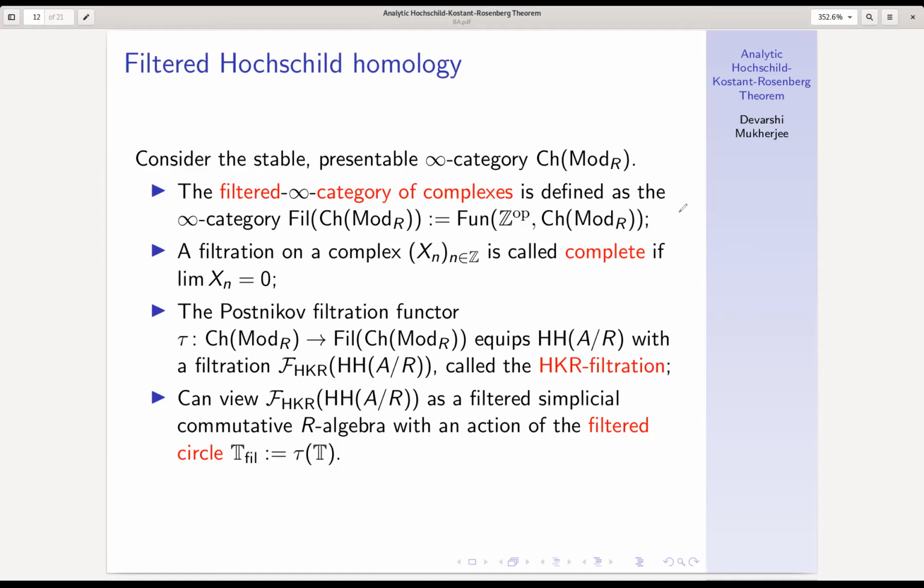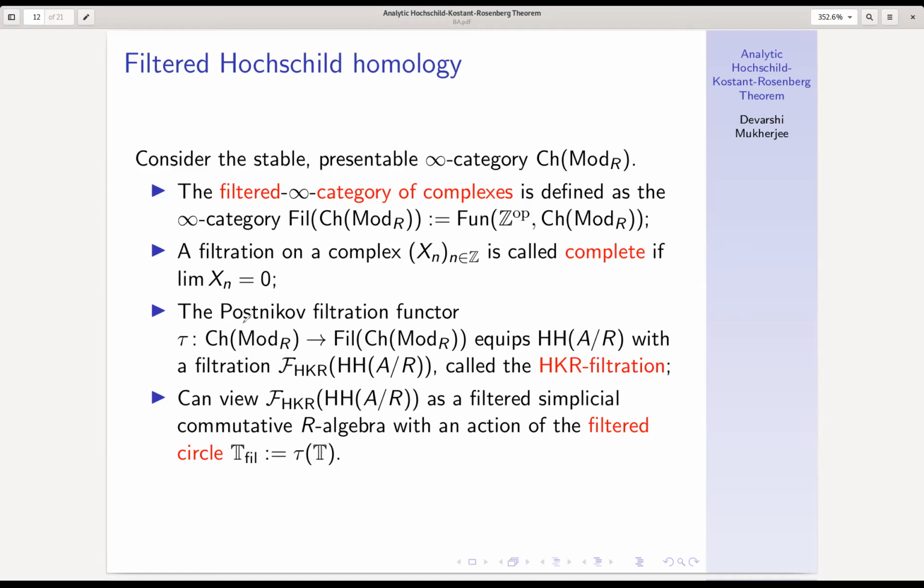For some terminology, a filtration on a complex is called complete if its limit is 0. Sorry, how do you consider Z as a category? As an ordered set, as a group? Yeah, as an ordered set.